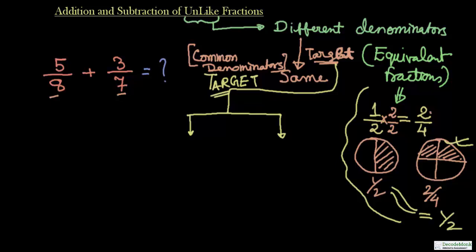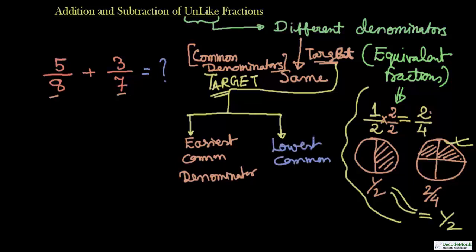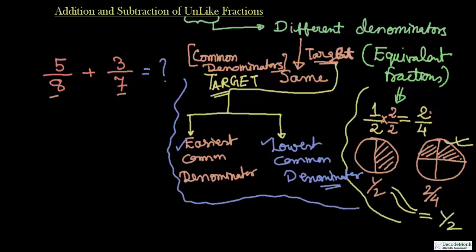One way is we can call the easiest common denominator method. And the other one is popularly called the lowest common denominator. So sometimes we will find that this is the easier one, and sometimes that is the easier. Anyway, both will give you the same answer, but the approach is different.